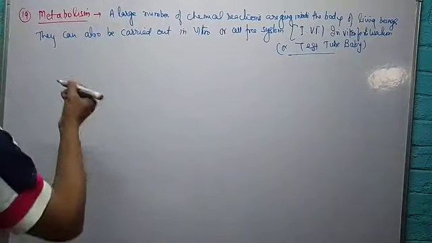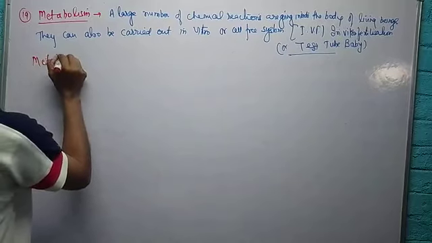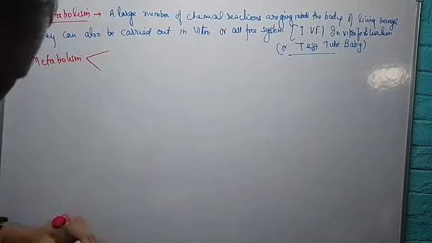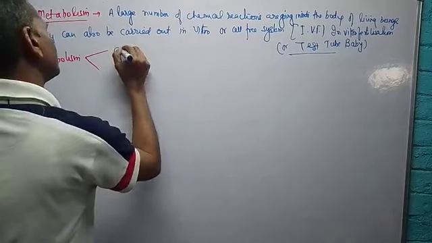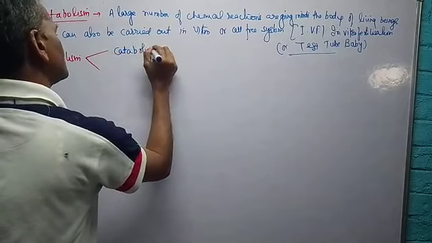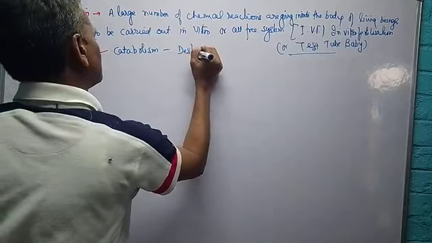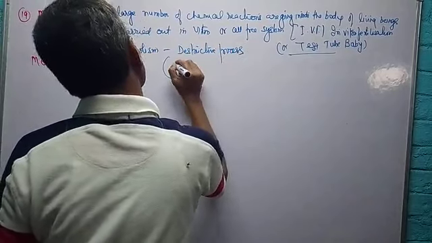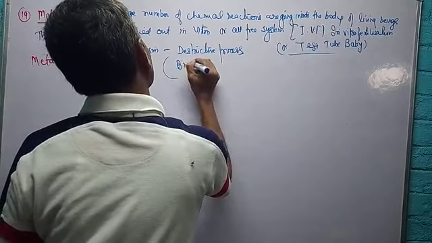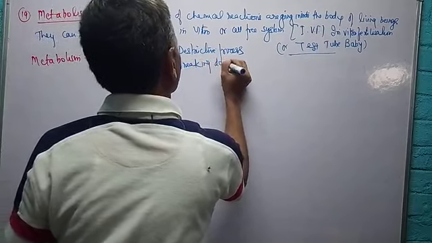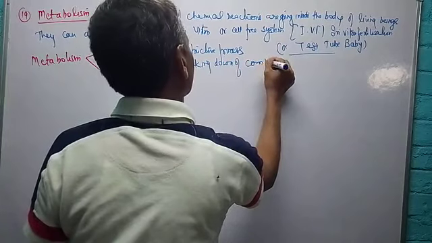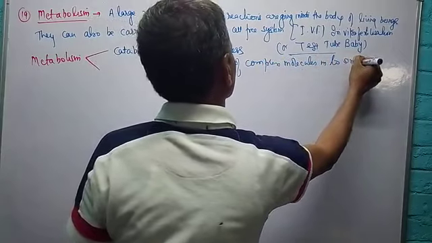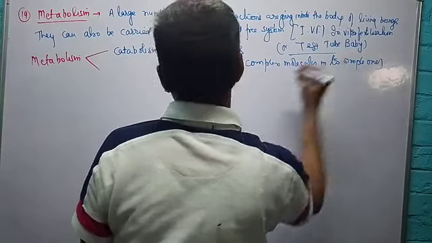Metabolism has two main types. Number one is catabolism, a destructive process, meaning breaking down of complex molecules into simple ones.